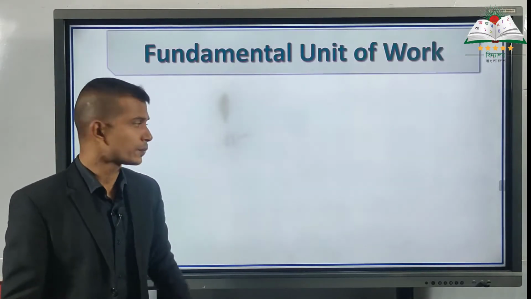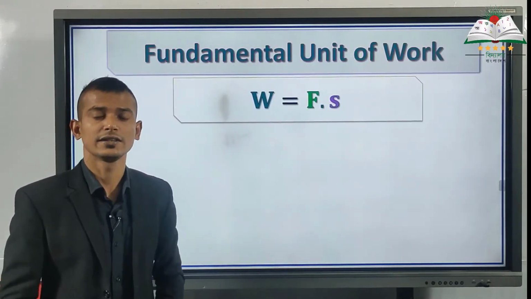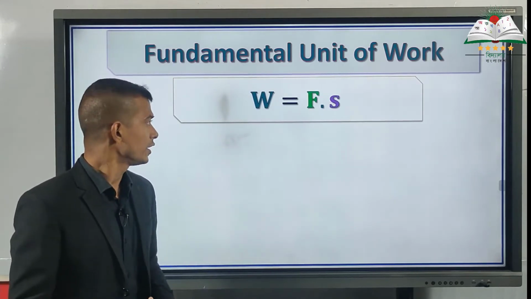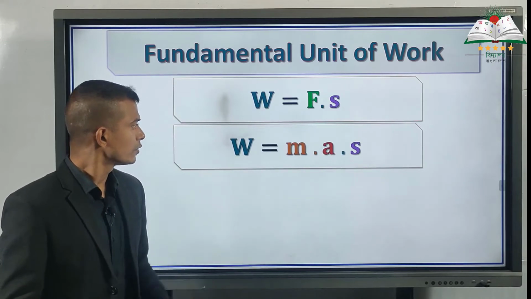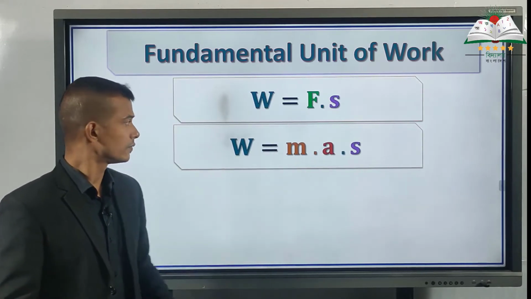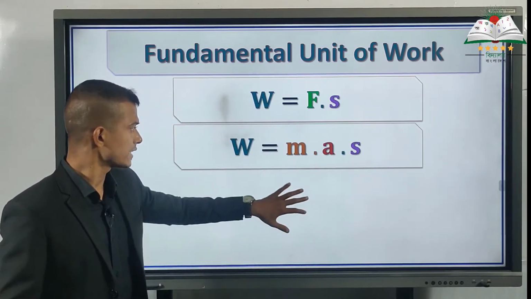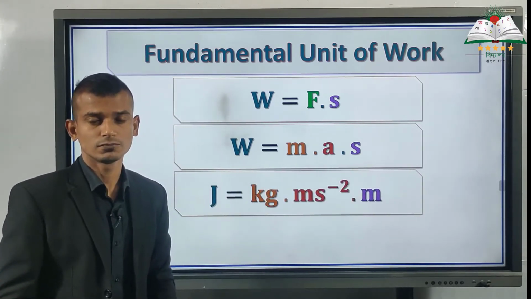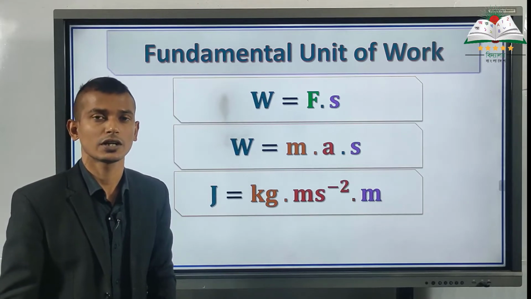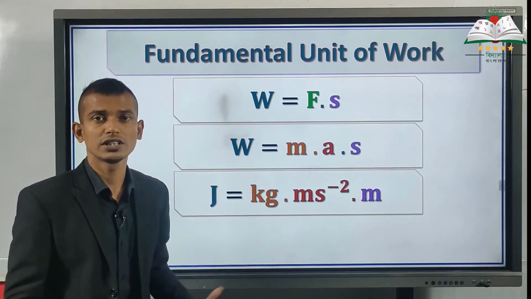The fundamental unit of work, as you can see, the definition of work is force into displacement. So we write it as W equals mas, using Newton's law as F equals ma. As you know, the SI unit of work done is joule, but joule is a derived unit.